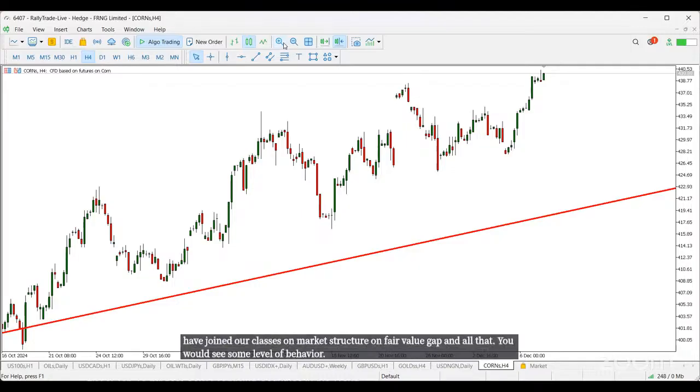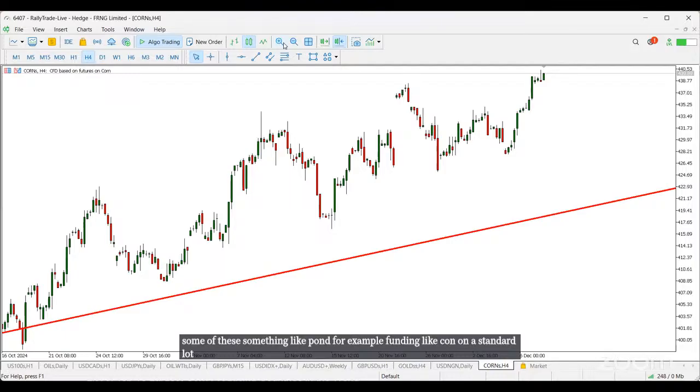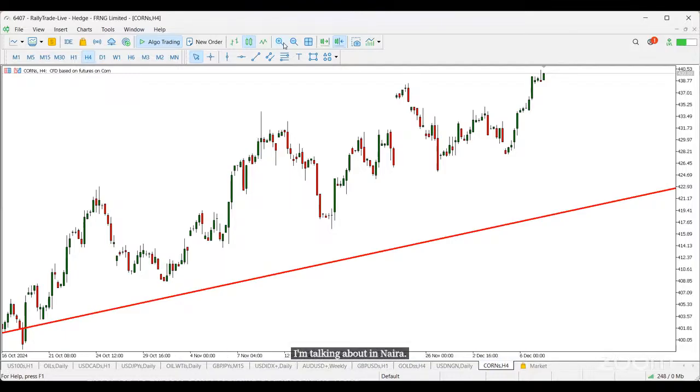Now, let's talk about, when it comes to some of these instruments, something like corn, for example, on one standard lot, I'm talking about in Naira, profit per pip for corn is over 700,000. For wheat it is around 600,000 on a standard lot.